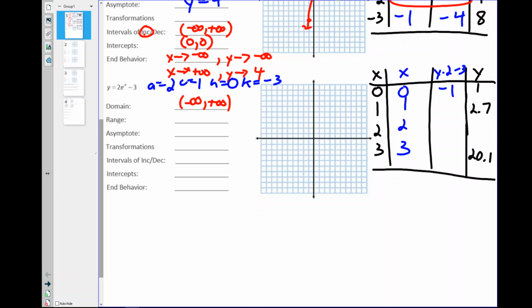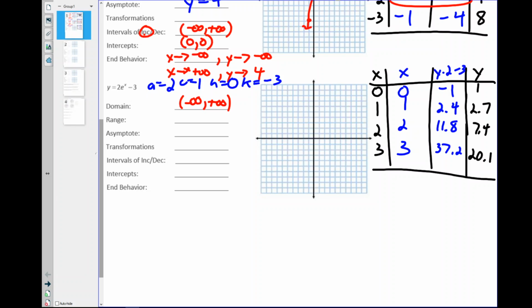What was the next one? 7.4. Alright, so 2.7 times 2 is 5.4 minus 3 is 2.4. 7.4 times 2 is 14.8 minus 3 is 11.8. 40.2 minus 3, that's going to be too big to graph anyways, so 37.2, something like that. I'll just graph the first 3. Where's my asymptote going to be?